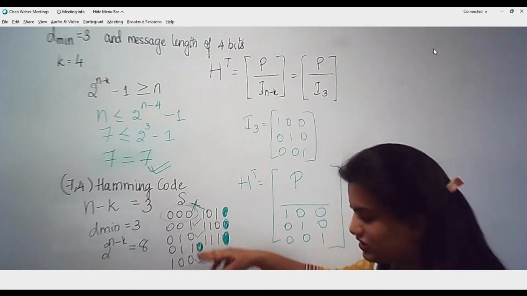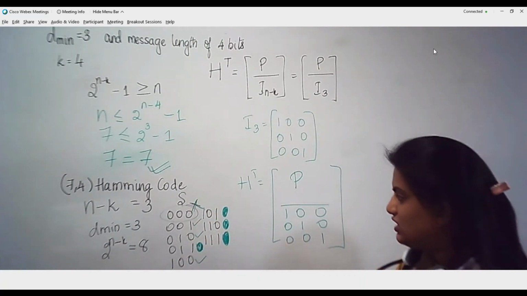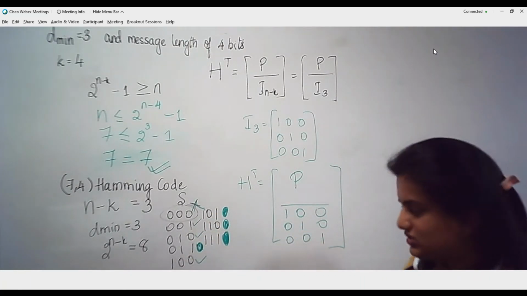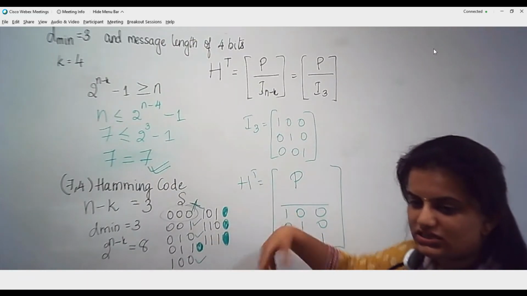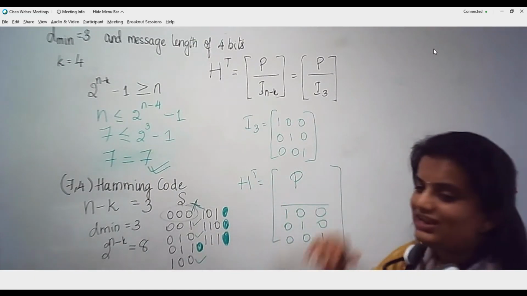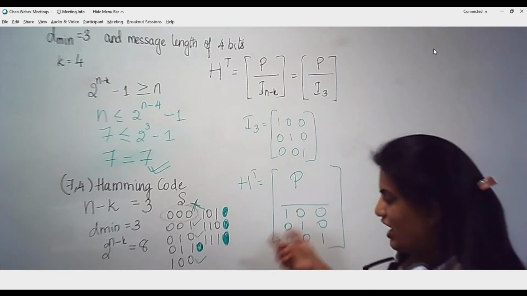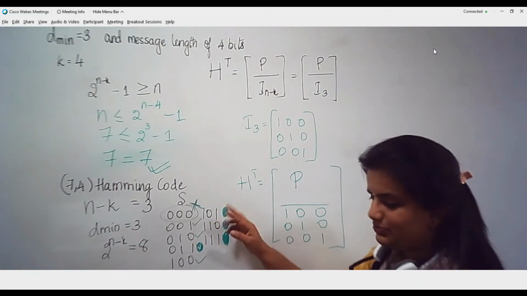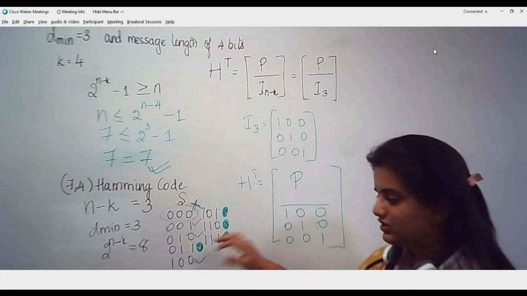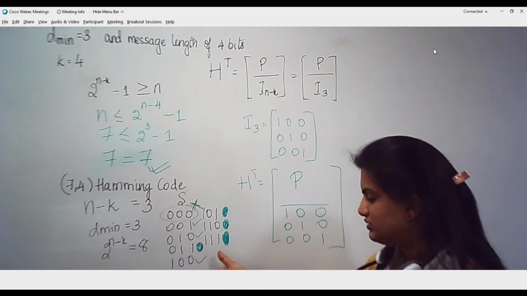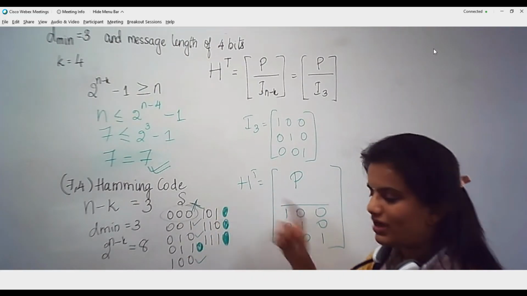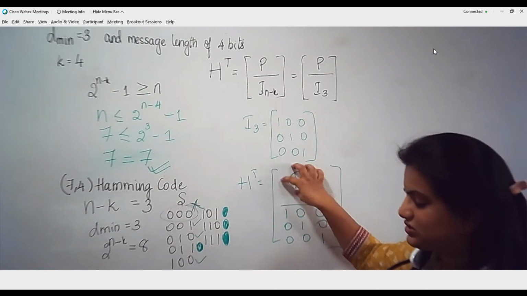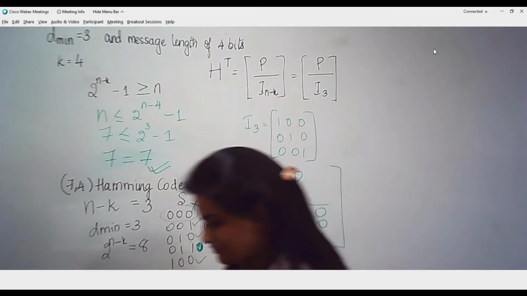If you change the order of the rows, you will have different combinations. If you arrange in a different way, you are going to get a different parity matrix. Now I want you people to tell me how many such combinations are possible by making use of these 4 vectors in order to construct a parity matrix P.